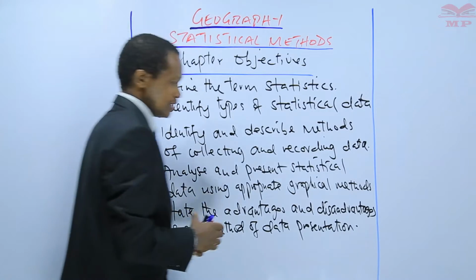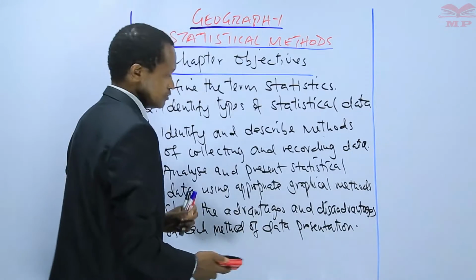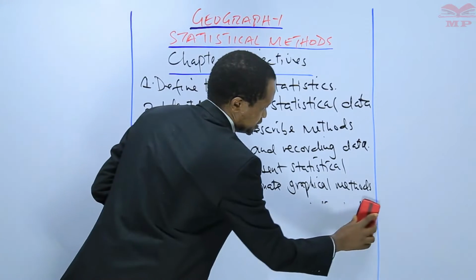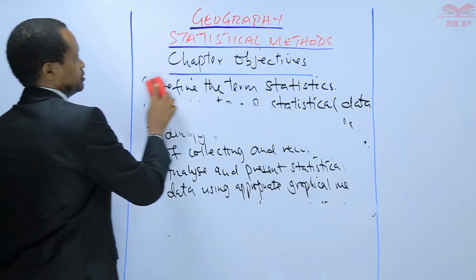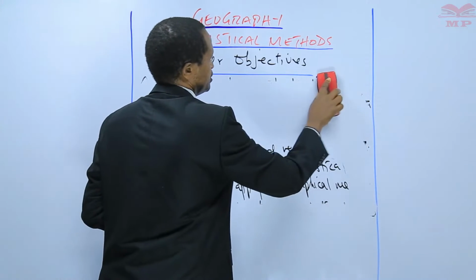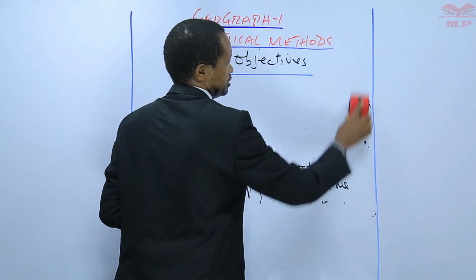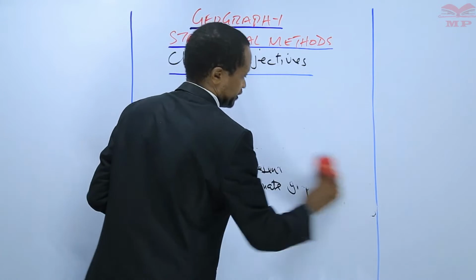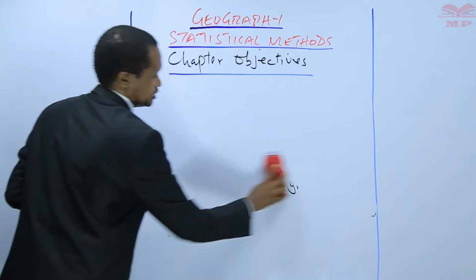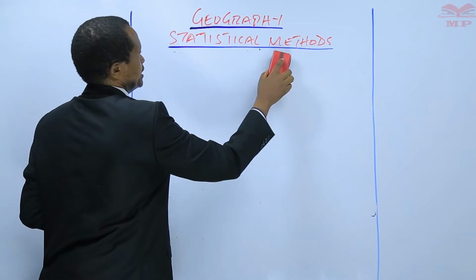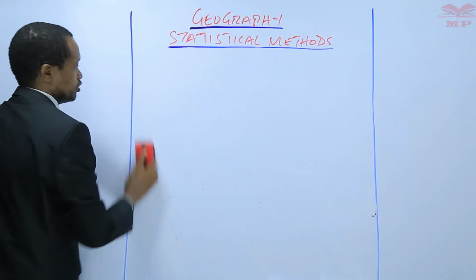So learners, allow me to rub. This is what we are going to cover. So to begin with, we will define statistics, because we are talking of statistical data, statistical methods.